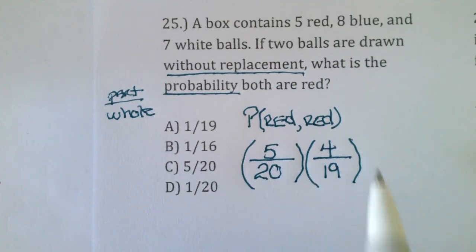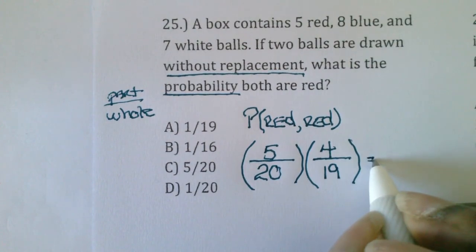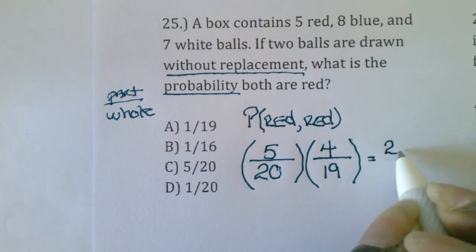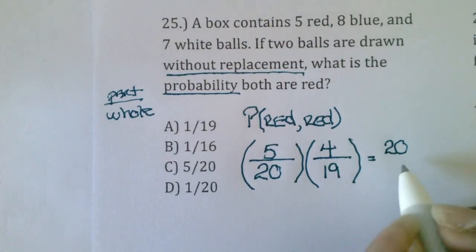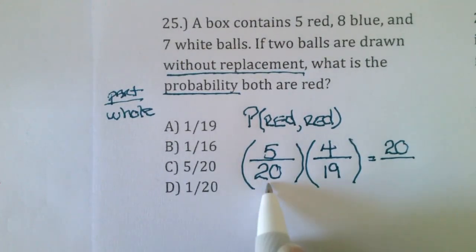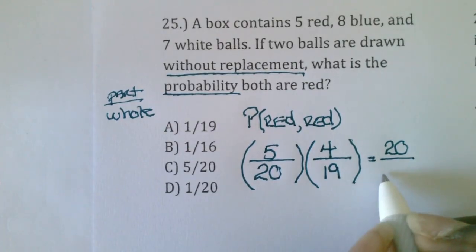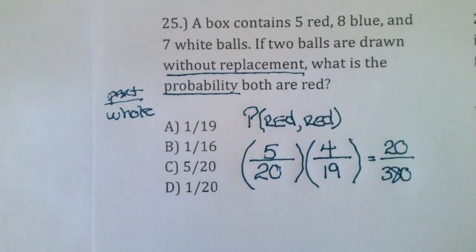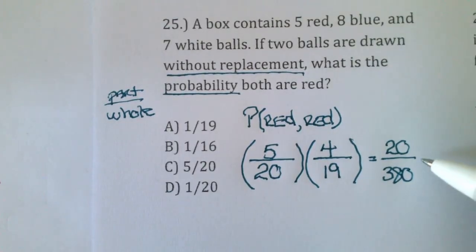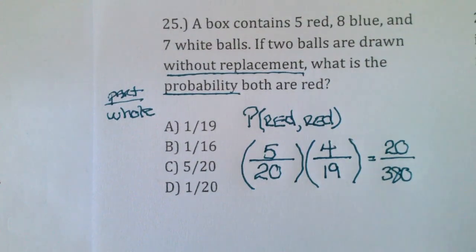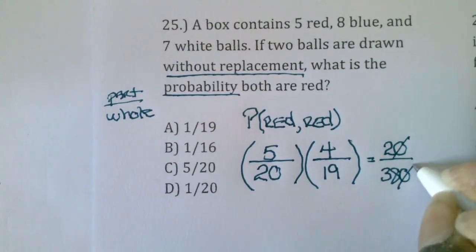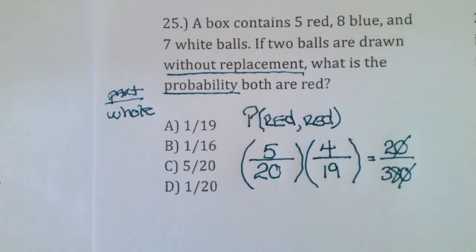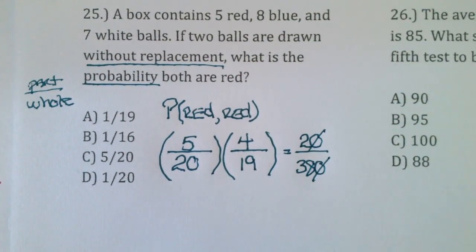If you want to multiply straight across, you've got 5 times 4, which gives me 20. And then 20 times 19 gives me 38 with a 0 at the end, because 19 times 2 gives me 38. I notice that they both end in zeros, so cancel here, cancel there. Now you have 2 over 38.